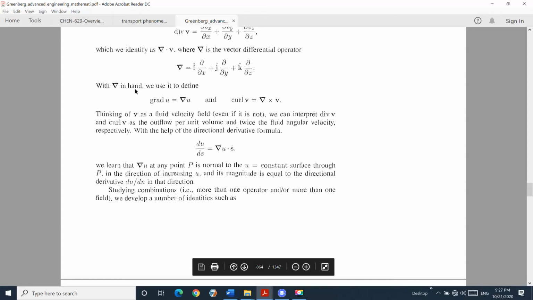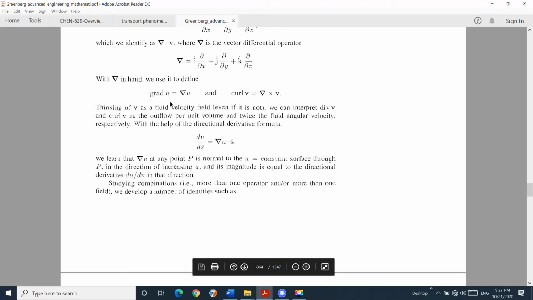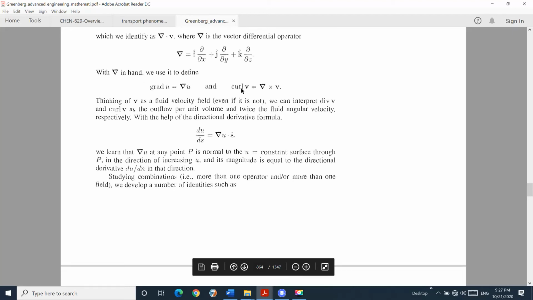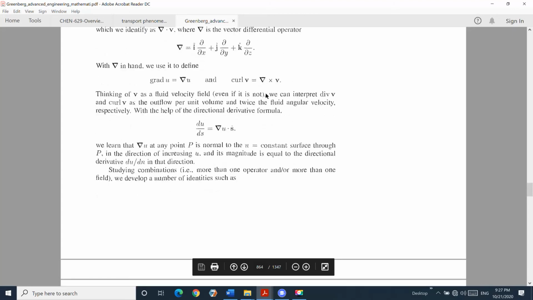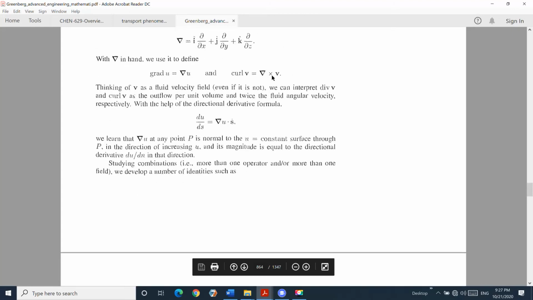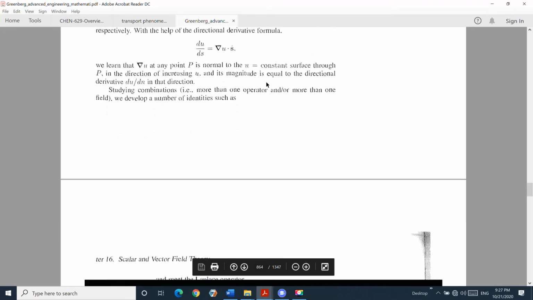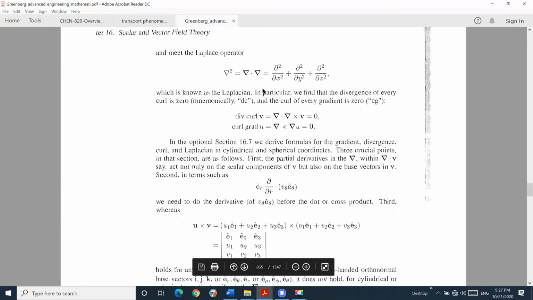Then it defines the gradient of the scalar like this, and the curl of the vector field V as the cross product of the del operator, or differential operator, with the vector V, and so on.